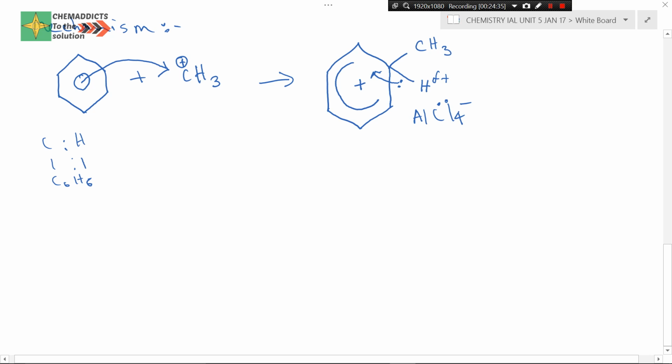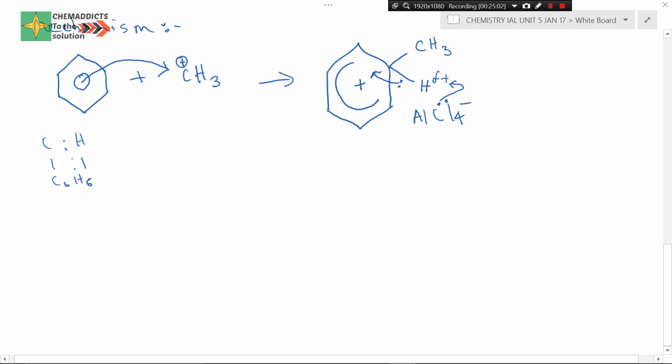This pair of electrons gets donated to this delta plus hydrogen atom, since it has a scarcity of electrons, as its electron pair is involved in the delocalization.